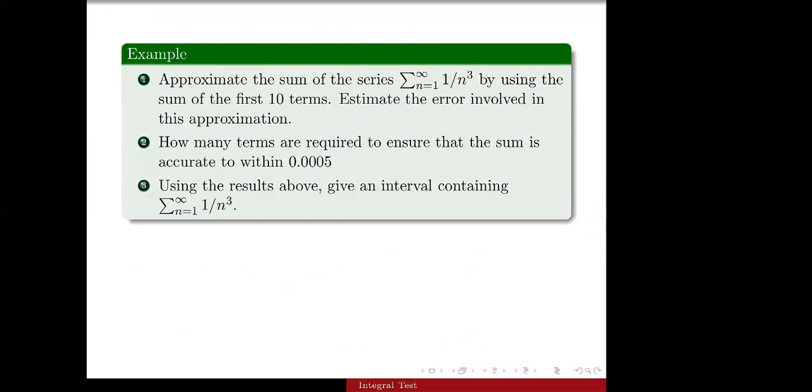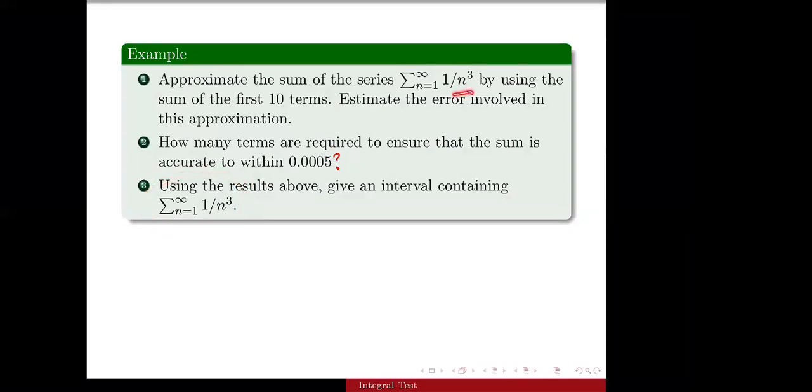Then, how many terms are required to ensure that the sum is accurate to within 0.0005? And then, using the results above, give an interval containing the value of this series.